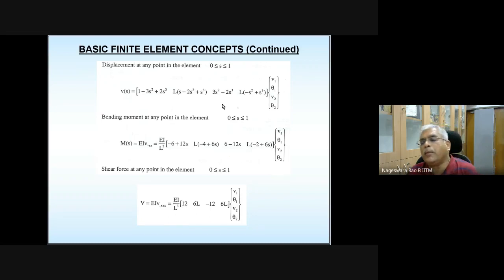Similarly, this element will be able to capture exactly the bending moment if the variation is up to linear, and the shear force if the shear force variation is constant. So those things you need to keep in mind: when shear force is going to be constant, when bending moment is going to be linear. Only in those cases this element is going to give you exact results for bending moment and shear force.